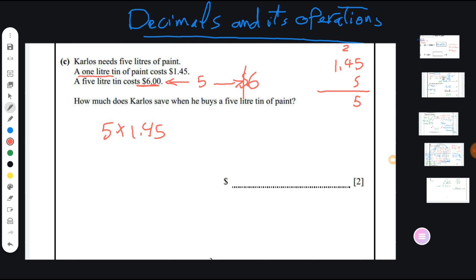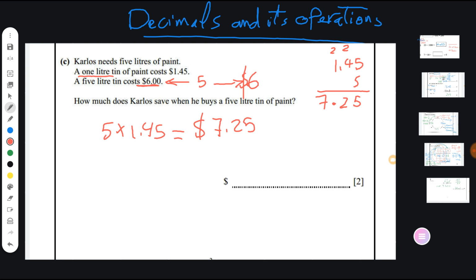Okay. Then 4 times 5 is 20 plus 2, 22. So it will be 2 and carry 2. Okay. Put the point. Yes. Then 1 times 5 is 5, plus 2 is 7. So if he buys it by 1 liter tin, it will cost him 7.25. And this is not the answer.